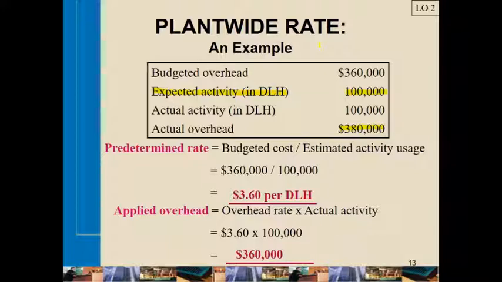For example, assembly department, finishing department, or packing department. Each department uses a different rate. When you say plant-wide, all departments use the same overhead rate. So it can be either a plant-wide or a departmental rate.